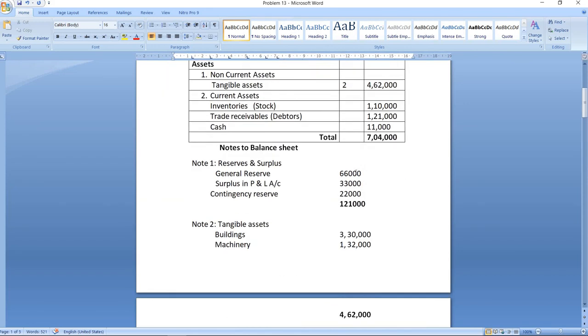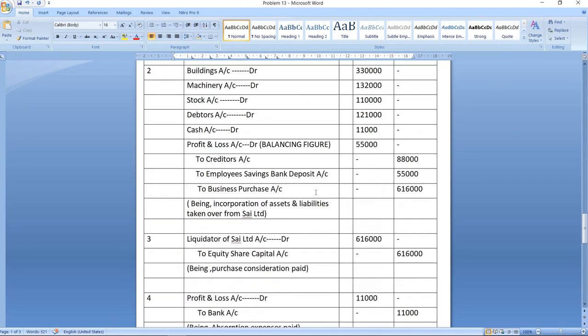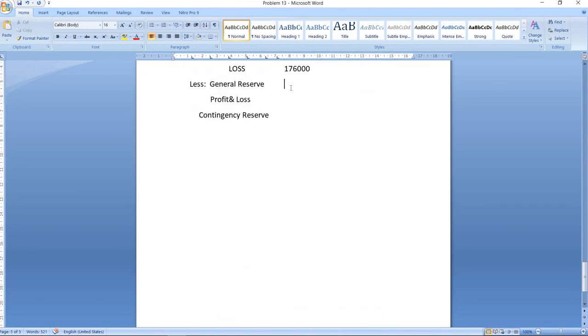So let us see what are the reserves and surplus that are given in the problem. General reserve is 66,000, surplus is 33,000, contingency reserve is 22,000. So we have to use these to set off the capital loss. So let us take it. General reserve 66,000, profit and loss account 33,000 and contingency reserve is 22,000.